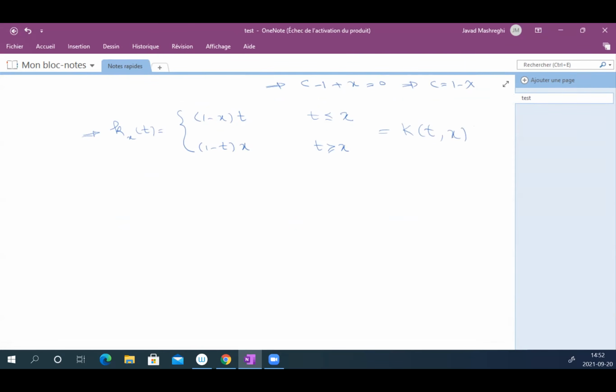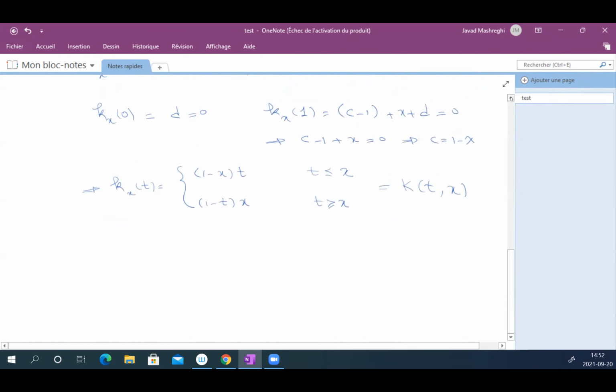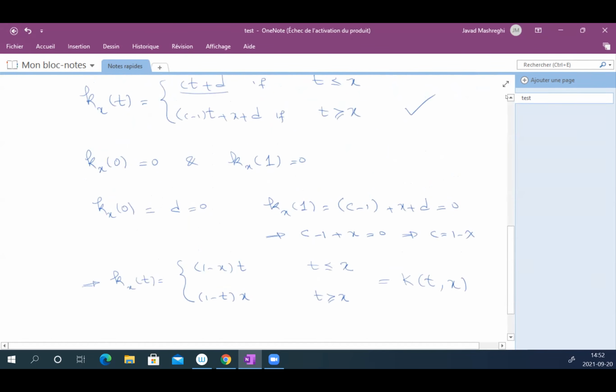You remember? Yeah, there is a question. Is it 1 minus xt or 1 minus xx? Let me go here. Yeah, c for this case is c minus 1.